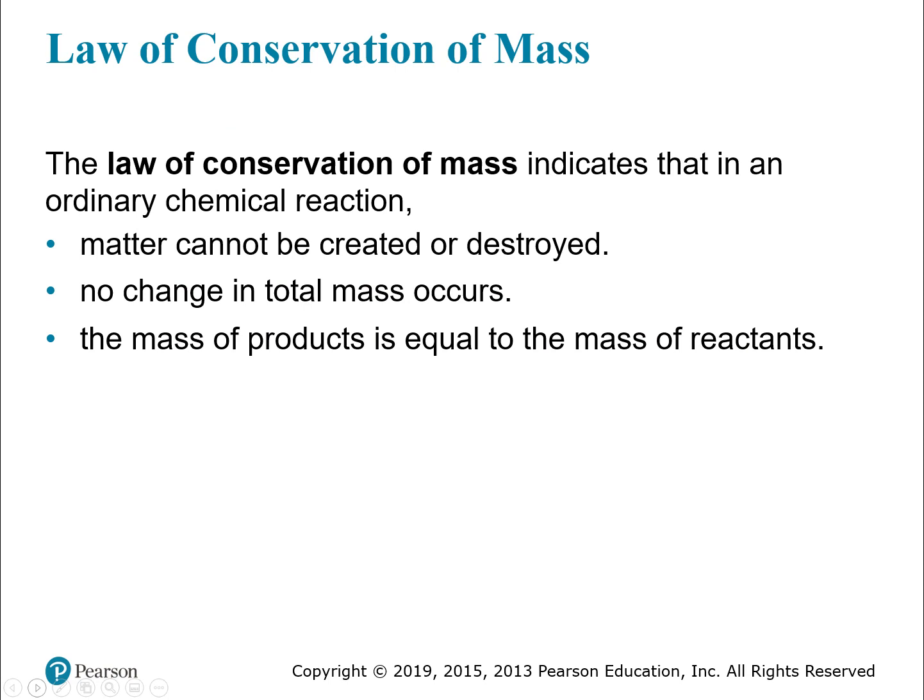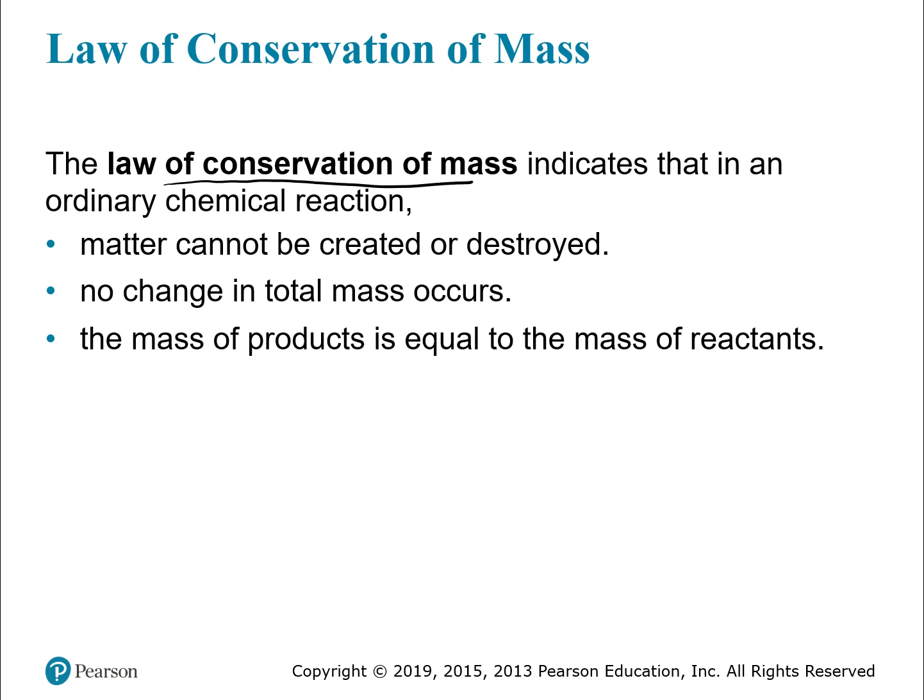Inadvertently, when we were talking about balancing equations and making sure there was the same number of atoms of each element on the reactant side and the product side, we were talking about the law of conservation of mass. If you have the same number of atoms on each side, then the mass of those atoms is the same on each side too. What that means is that we're not creating or destroying anything.